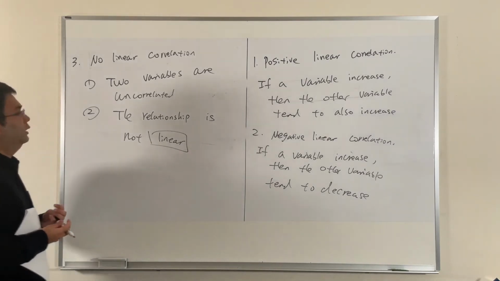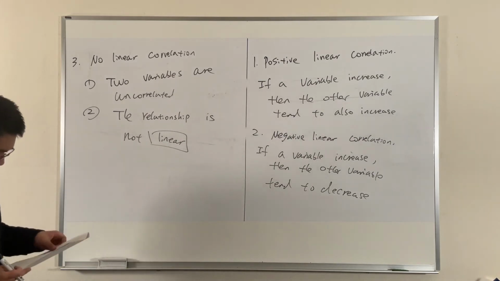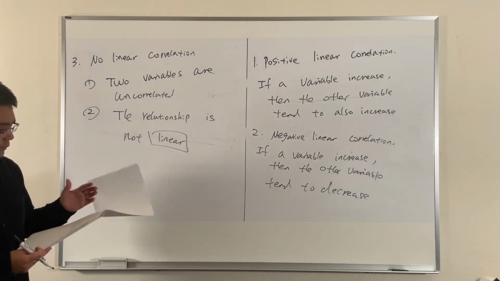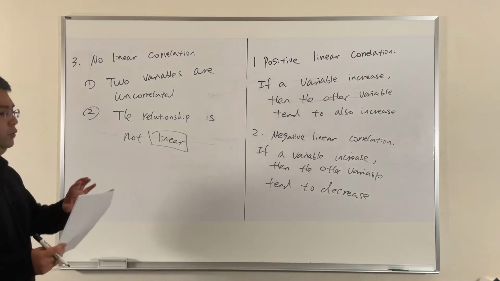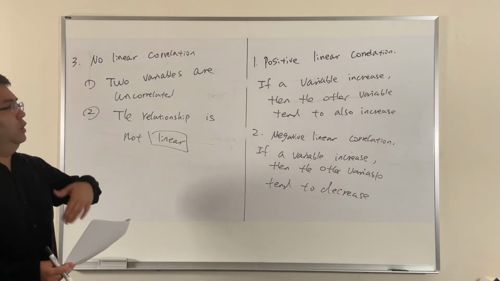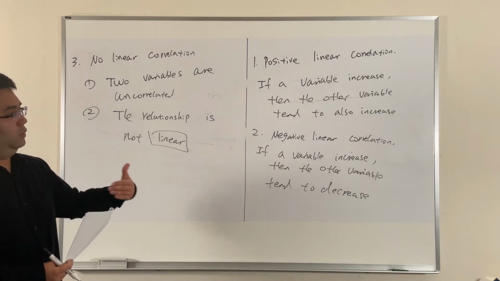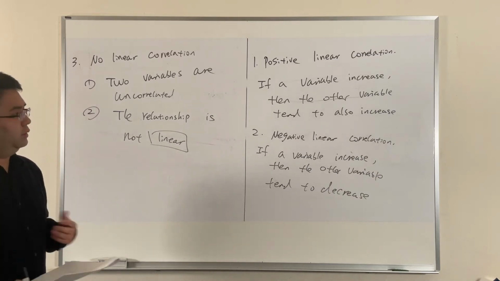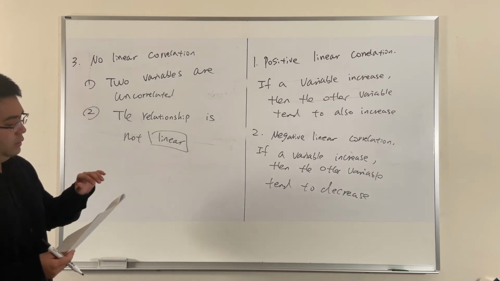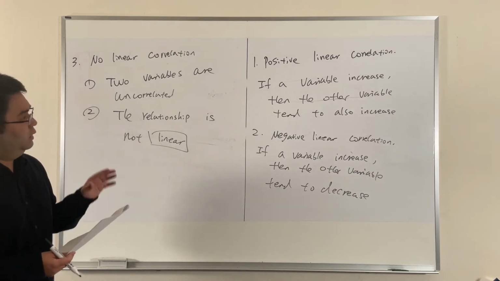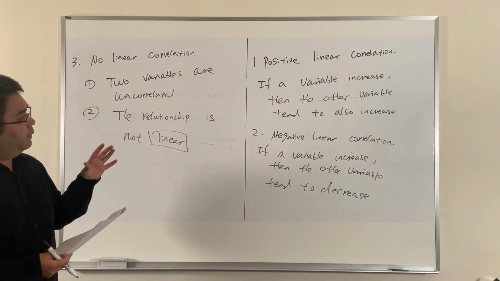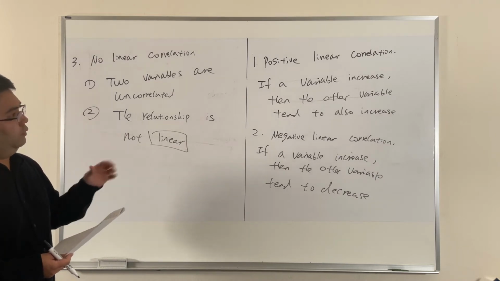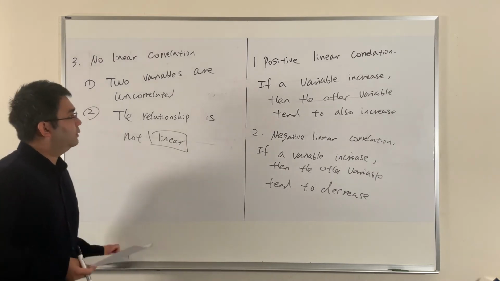Perfect. So far, we talked about how you can decide whether it's positive correlation, negative correlation, or no correlation from scatter plots. Next, we're going to talk about this concept using calculation from the formula.